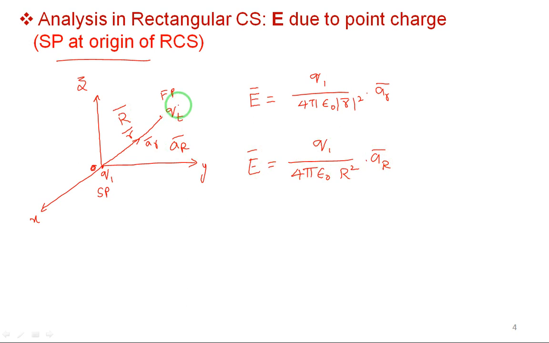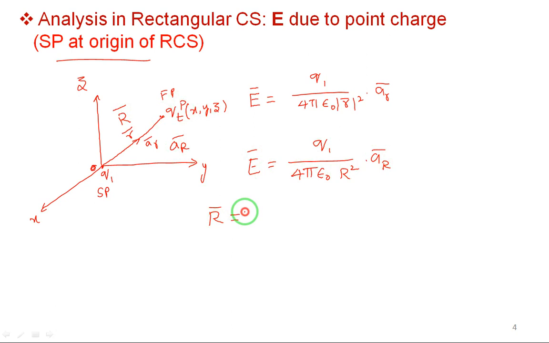Okay, this field point is there, let me take the coordinates of the field point as x, y and z, right? Let me call this point P of x, y, z, where I am placing the test charge. Then how to calculate R and a_r, we'll see. So the distance vector R, actually it is a position vector, but let me call it a distance vector. One of the points is the origin.